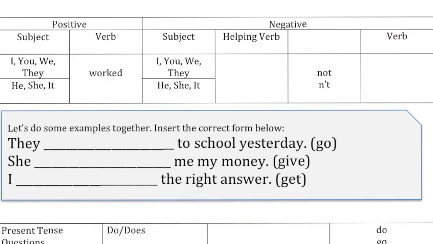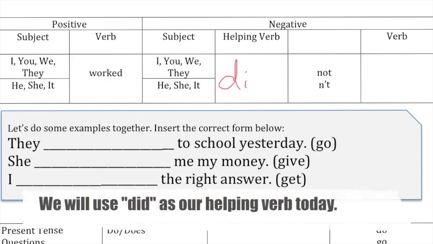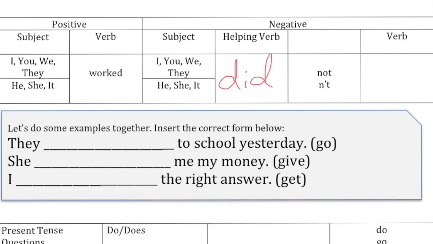So we have I, you, we, they, he, she, it. And for the negative, we use this helping word called did. And it's negative, right? So we need to put a negative word in there, like, as you can see, not. Or an apostrophe T, as you know, because it can be he, I, you, we, they, he, she, it.